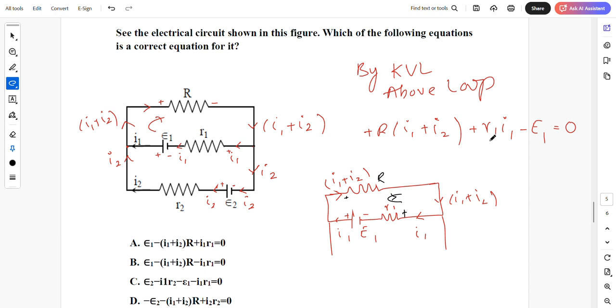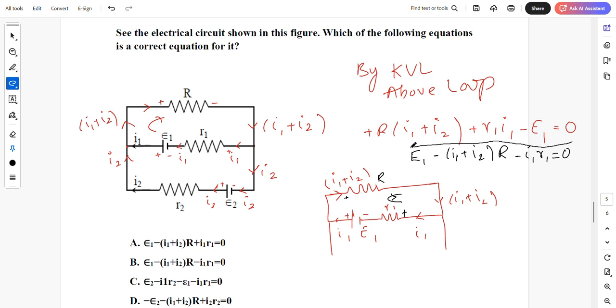Now the same thing can be written like this: E1 minus, setting this whole thing to the right side, minus of I1 plus I2 into R, minus I1 R1 is equal to 0.